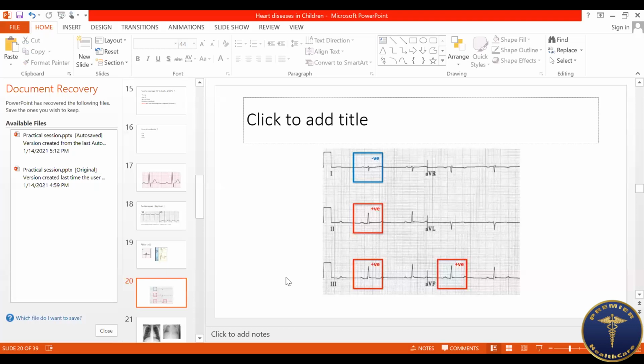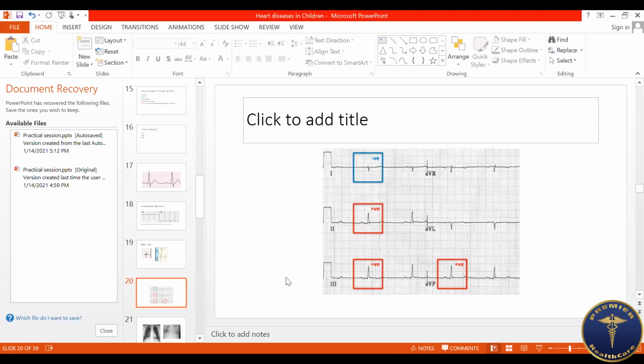Now, when you look at lead 1, the blue one, is the voltage more upwards or downwards? Lead 1, up or down?